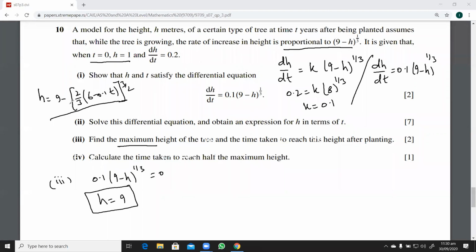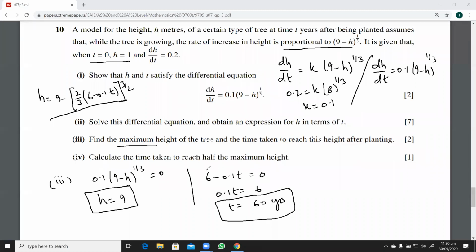You put your h equal to 9 in this equation, and the only thing left will be 6 minus 0.1 t equal to 0. So 0.1 t would be equal to 6, and t is equal to 60. It will take 60 years for the tree to reach the maximum height.